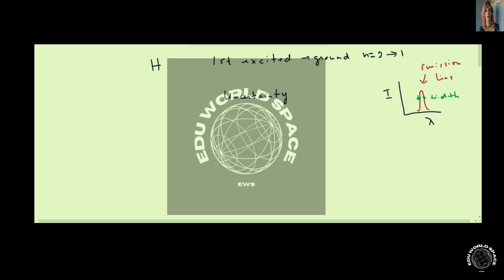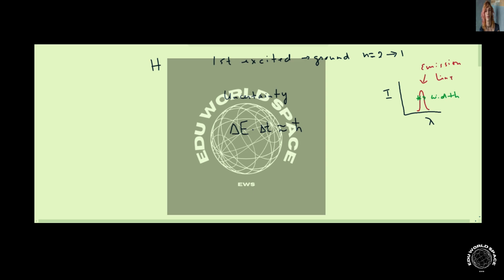And that uncertainty in energy is related to the lifetime of the state, the amount of time that the electron spends being excited, through uncertainty in energy times the uncertainty in the time of existence is of the order of h bar.